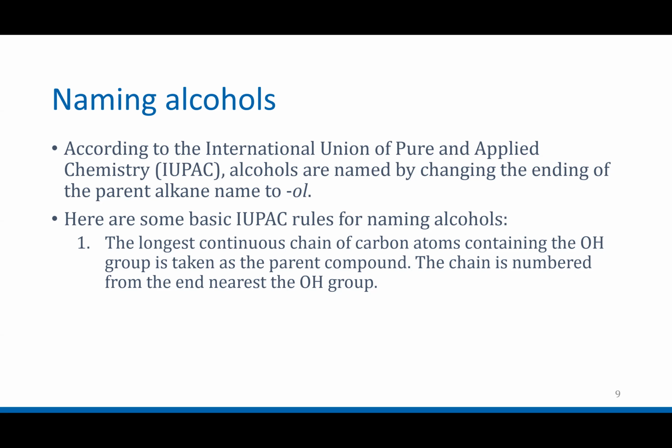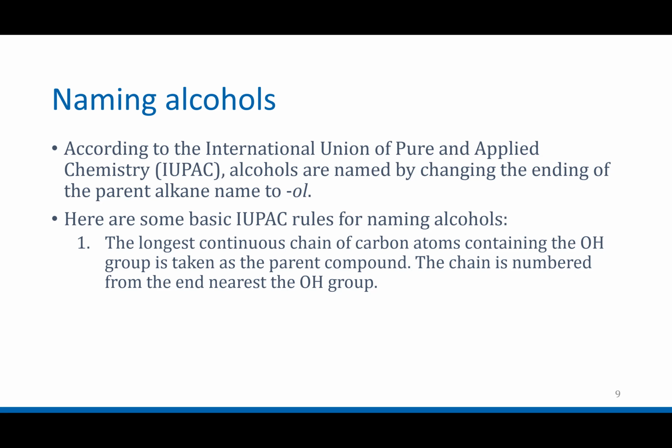Just like when we named an alkene or an alkyne, you would change the end to ene or yne. With alcohols, you just change the ending to OL. So here are some basic rules, and you guys will be professionals at this. This is so simple, especially because we did naming in chapters 2, 3, and 4. This is going to be really easy for you.